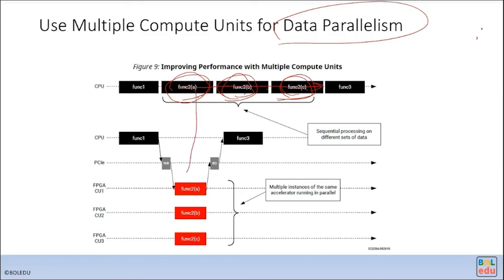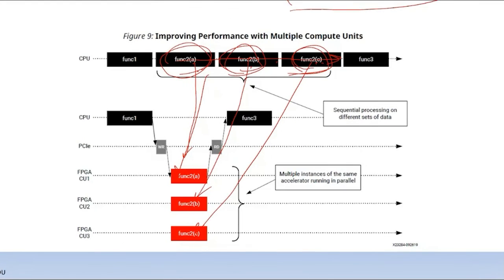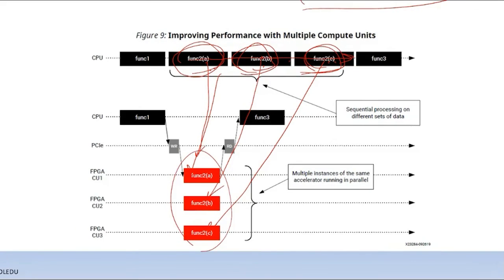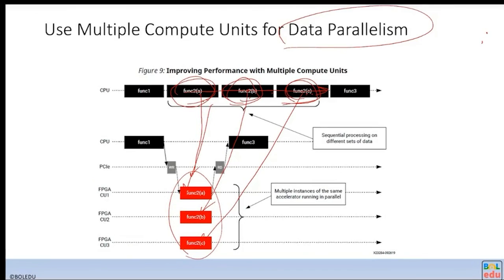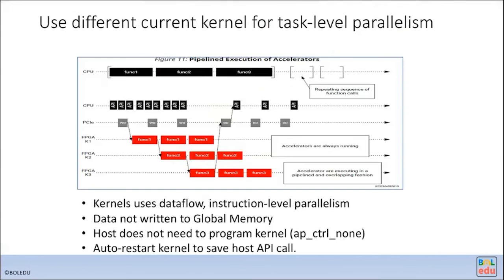If you move to FPGA, you can have those three functions running in parallel. So in FPGA, you can create multiple instances of the same accelerator so that they can run in parallel. That's one technique for data parallelism.